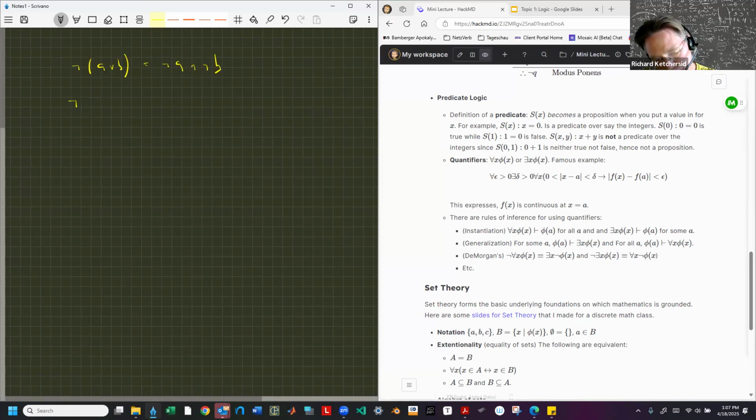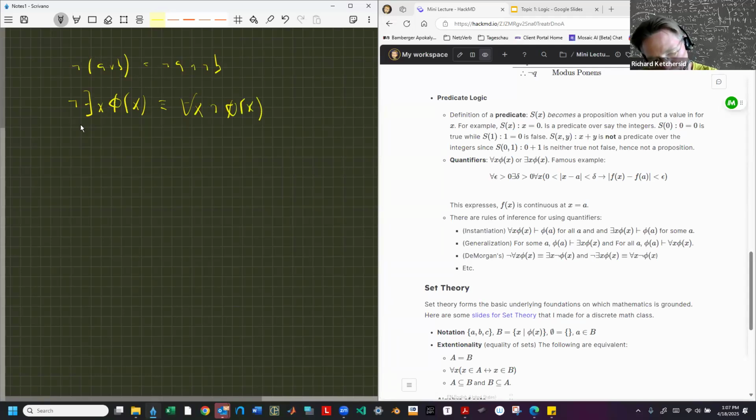Not there exists x, some sentence phi of x, is going to be equivalent to for all x, not phi of x. So these are equivalent.